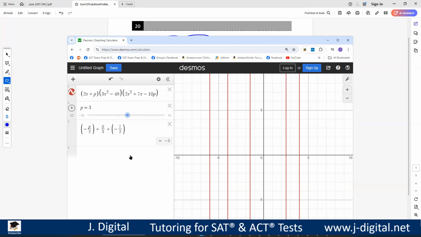Again, if p is a nice number, this would work out. If p was 100, then you'd have to adjust it until you found it, and that'd probably be harder to find. So for this type of problem, maybe they'll make it easy on us when you take the SAT, with a nice integer number. But if this doesn't work, you have to go back and do it by hand, one of the algebraic ways.